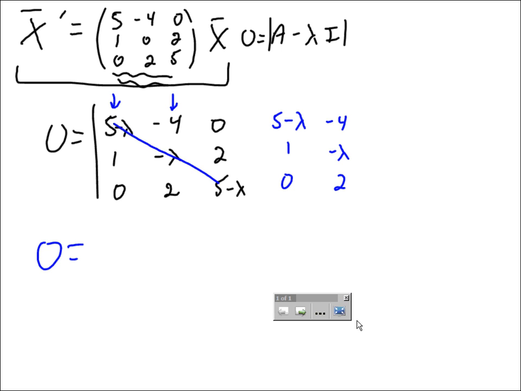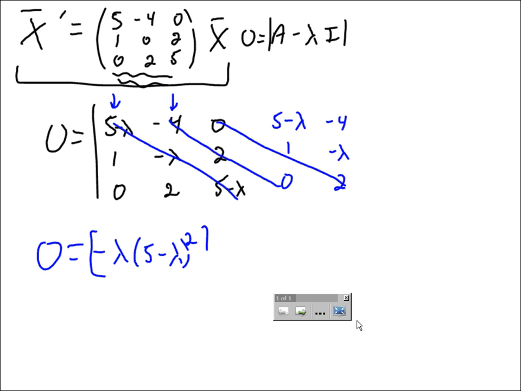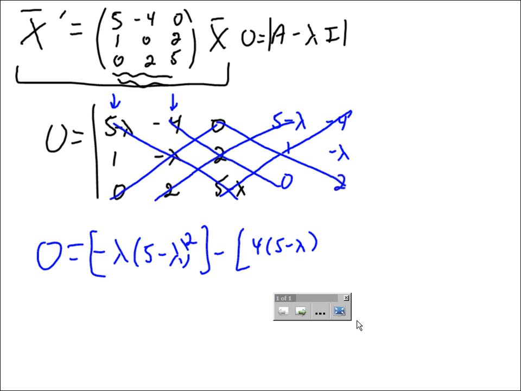It's going to be this product, which is negative lambda times 5 minus lambda squared, plus this product, which is 0, plus that product, which is 0, minus these products. That product is 0. 2 times 2 is 4 times 5 minus lambda, plus negative 4 times 5 minus lambda.